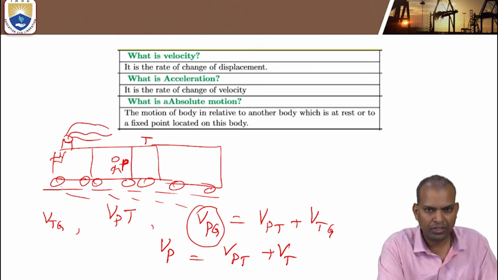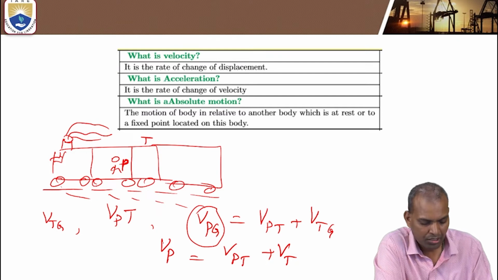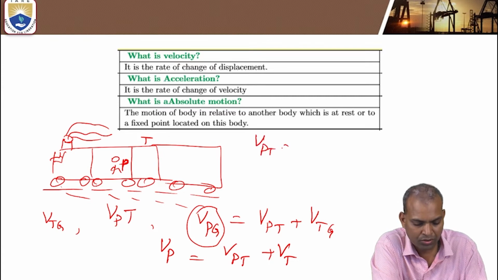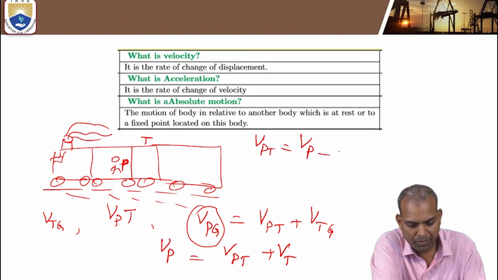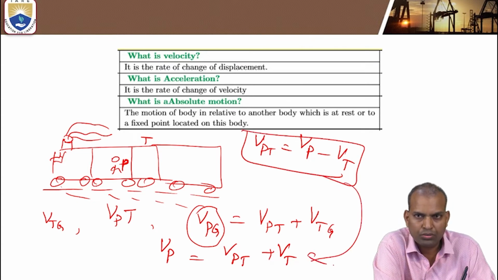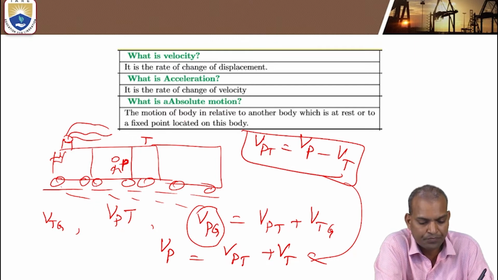So there are two absolute velocities, passenger with respect to ground and train with respect to ground. But the relative motion Vpt equals velocity of P minus velocity of T. This is the relative velocity. So this is the concept of understanding relative velocity and absolute velocity.